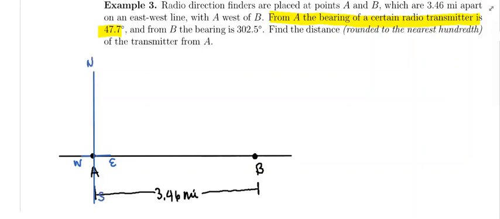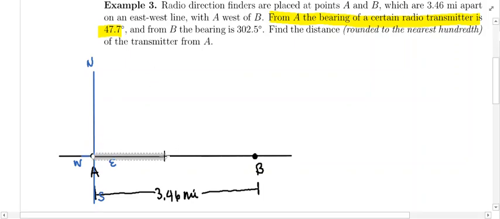Let's go ahead and draw in the bearing. If we align ourselves with due north, we are going to go in a clockwise direction by 47.7 degrees. You're going to have to eyeball this. This is about 45 degrees, bisecting the right angle, so just a little more. We'll say right there.